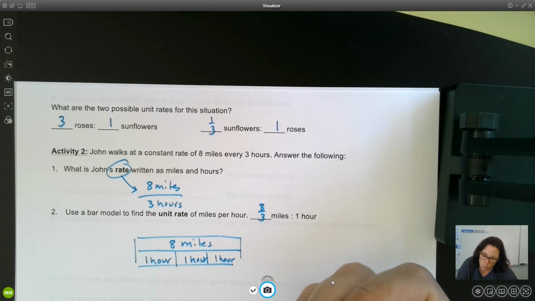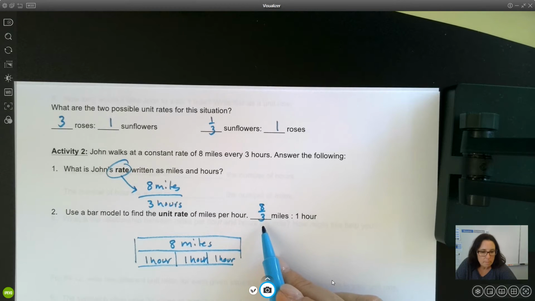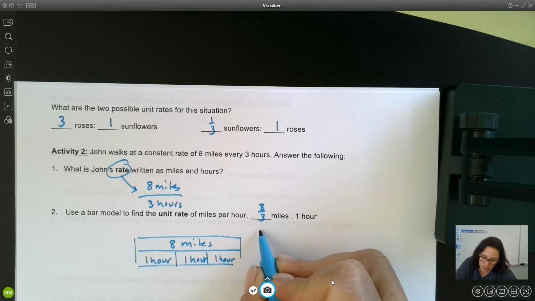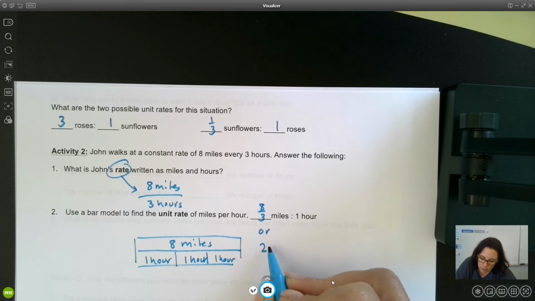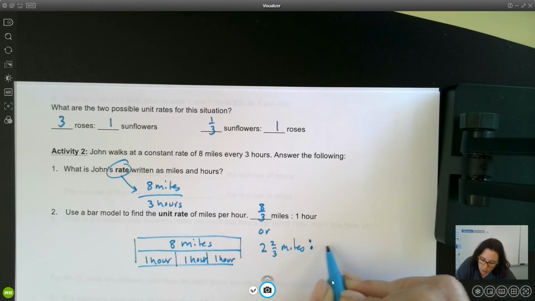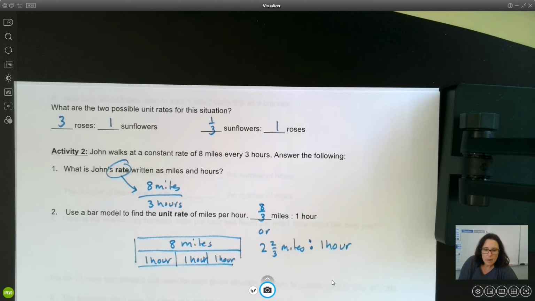If you'd prefer it, again, as a mixed number, that would be 2 2/3 miles per 1 hour. And it's okay to make your ratios with a colon. It's okay to make your ratios with a fraction like we focused on last module. I'm sorry, not last module, last lesson in 5.1a.